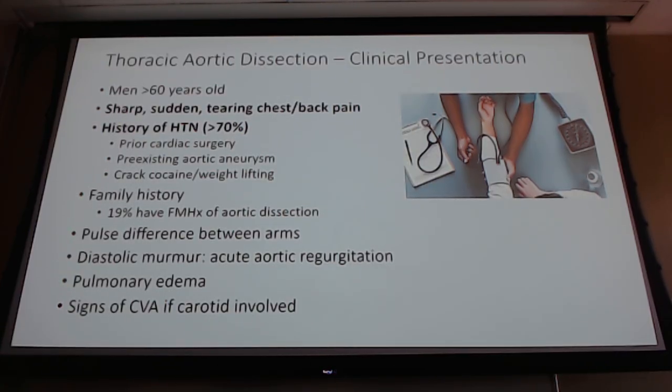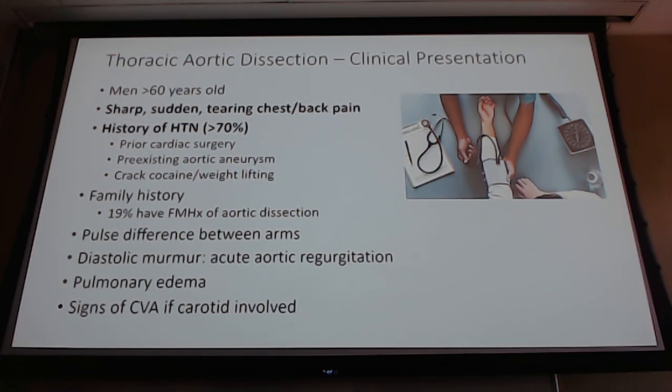If they have prior cardiac surgery, pre-existing aortic aneurysms, or if they do crack cocaine and/or weight lift, they're at a higher predisposition for this to happen. What about that? Get people off crack. Okay, going down to family history, why is it important to know your family history? 19% of people who have a family history of this are at risk of an aortic dissection.